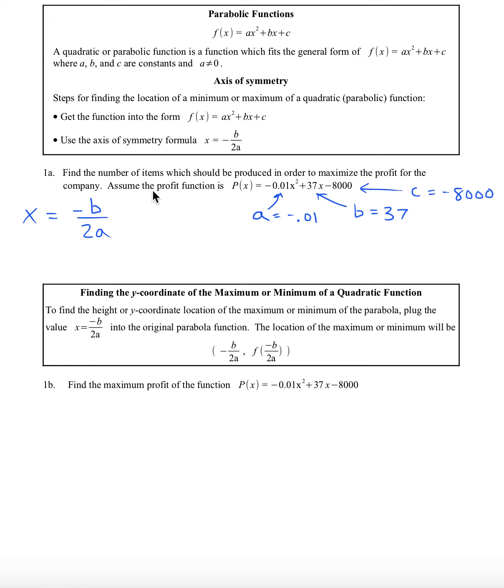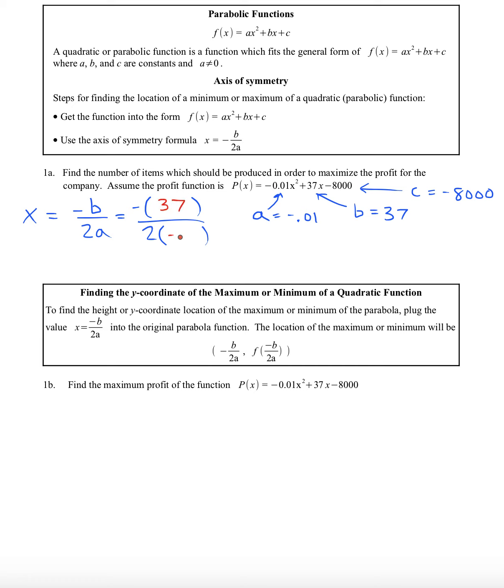So let's go ahead and put in some parentheses in the place of B and A. What we want to do is plug in the 37 into the formula and the negative 0.01. Then we'll divide that to find the location of the axis of symmetry. It's 1850. So what is the interpretation of that?